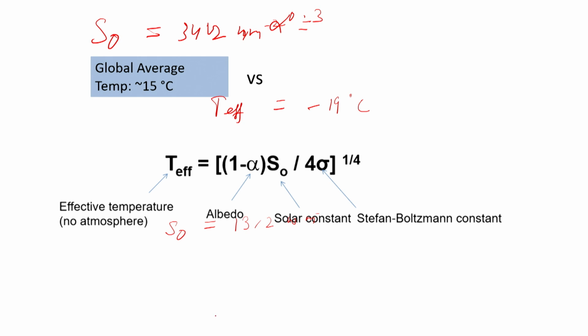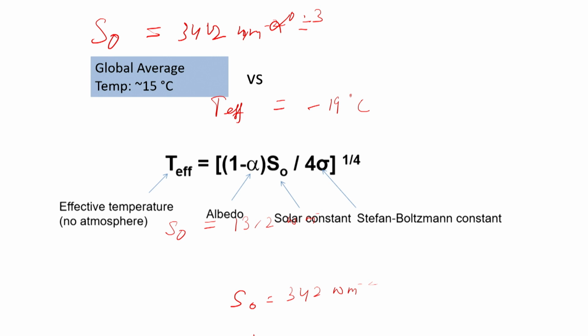If you do not use 4 in this equation, then you have to use S0 equal to 342 watts per meter square. This is very important, otherwise your numbers will be wrong. So, be clear that S0 is the solar constant, and if you put 4 sigma in the equation, then the value will be 1370 or 1372 watts per meter square.